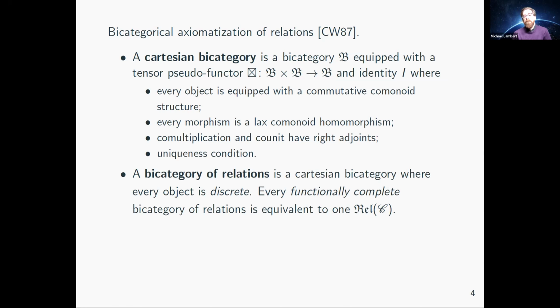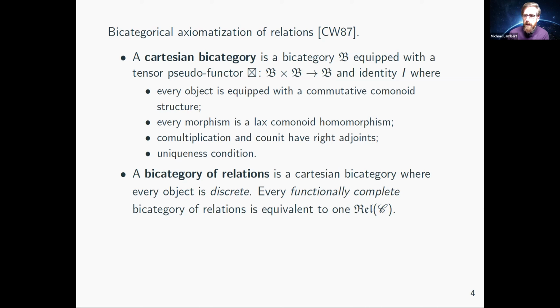But their big result is that every functionally complete bicategory of relations is equivalent to one of the form Rel(C) on some regular category C. I'll review this theorem a bit more precisely. What we really have to explain is what functionally complete means.